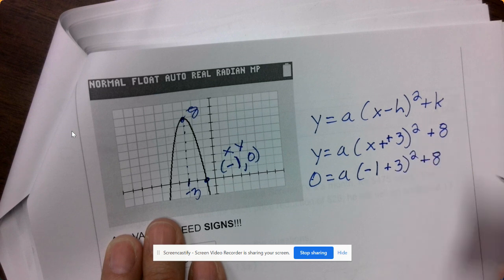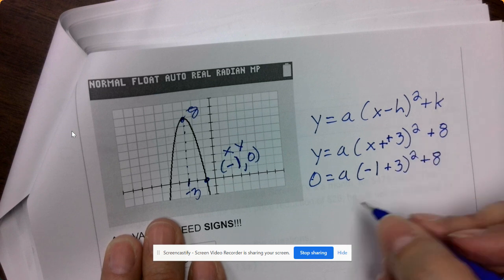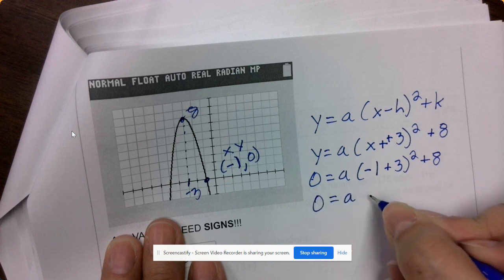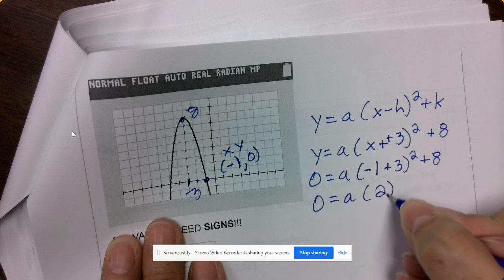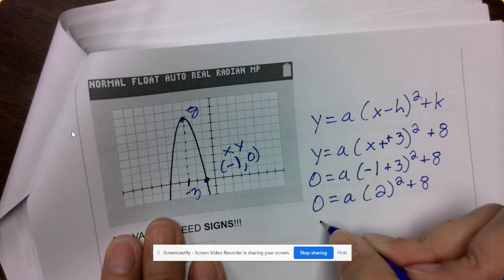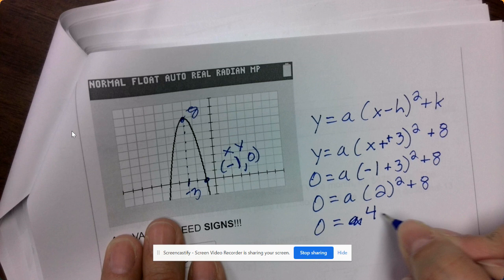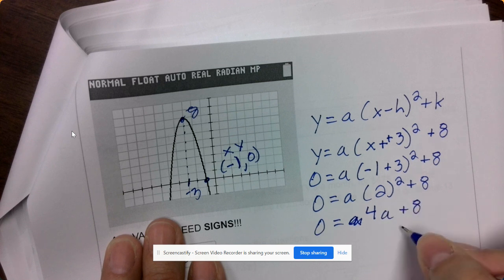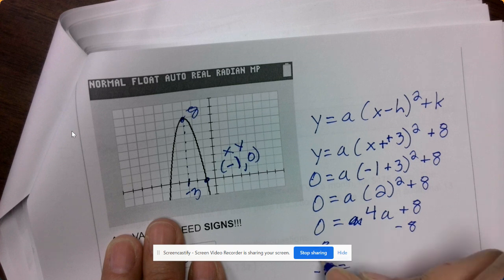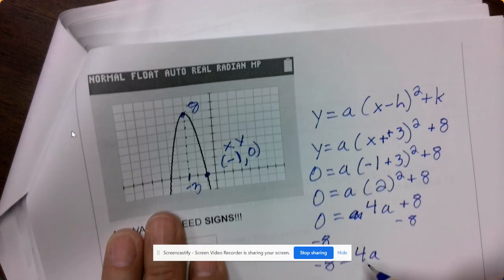Remember that we need to do order of operations, so PEMDAS. So it's going to be 4a plus 8. Subtract 8 from each side. Divide by 4.